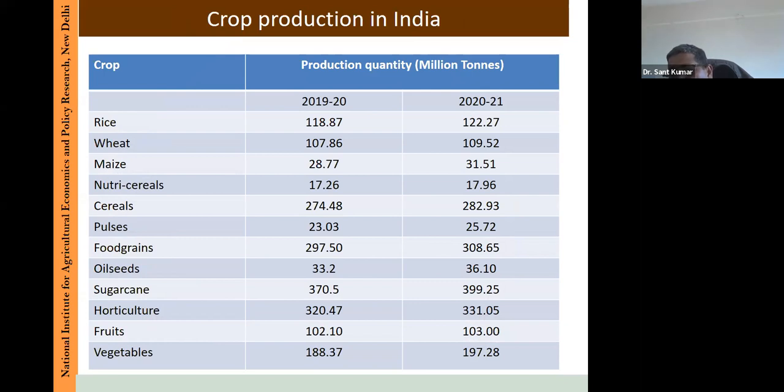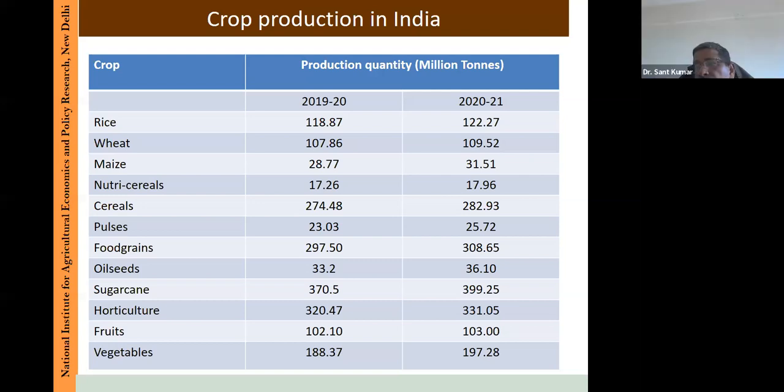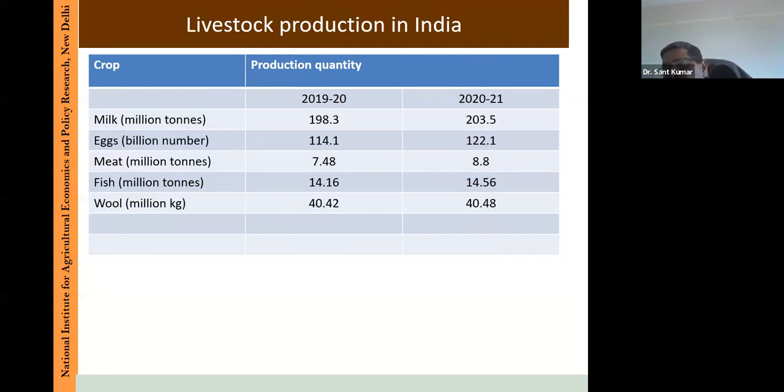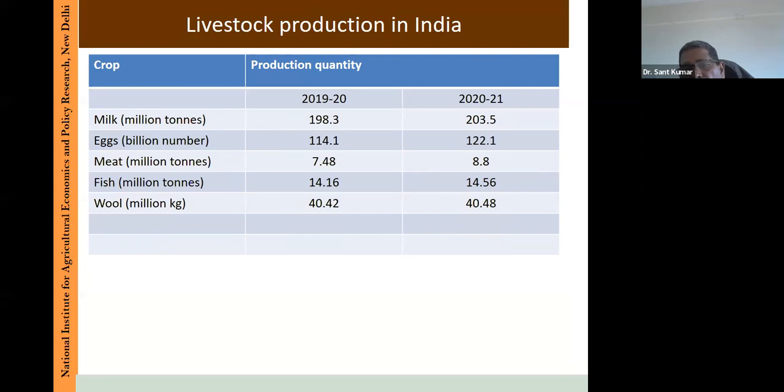Of that, 103 million tons are fruits and 197 million tons are vegetables. We are the largest producer of milk, at 203 million tons. Like the others, eggs, meat, and fish, we produce substantive quantities.